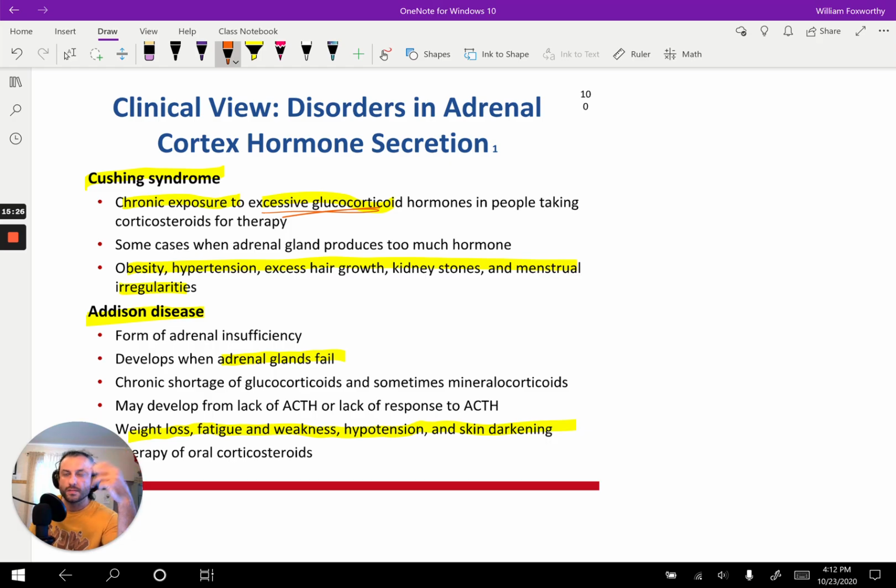And so sometimes people will take steroids, corticosteroids, for inflammatory conditions which have no other treatment. But it's a dangerous thing to do because the side effects can be very severe and long-lasting, and they include obesity, hypertension or high blood pressure, excessive hair growth, kidney stones, menstrual irregularities.